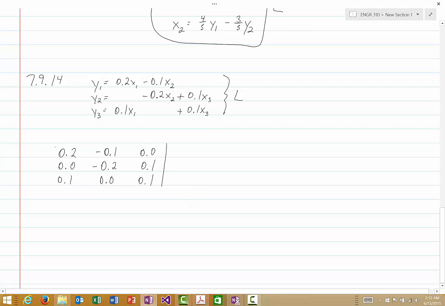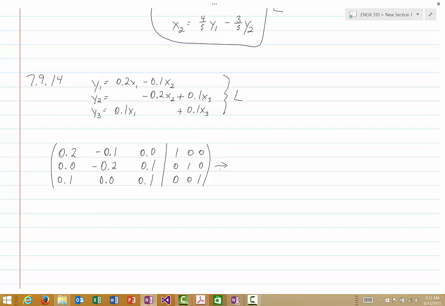That is L. And if we want to find L inverse, then we know that over here we put the identity matrix, and then go through Gauss elimination until we get the identity matrix on the left-hand side. So let's see how this will go.